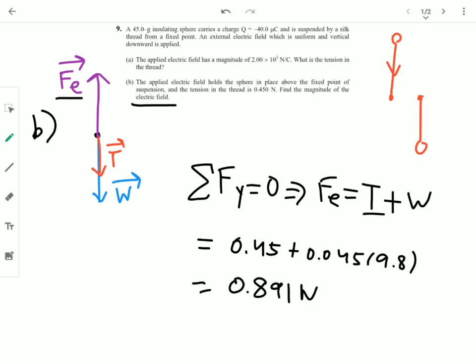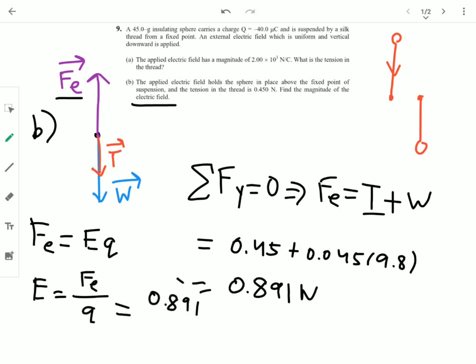Now the electric field, if force E, the electric force, is equal to the electric field times the charge, then isn't the electric field equal to the force over the charge? It is, right? So 0.891, let me just draw a line here, over the charge is 40 times 10 to the power of minus 6.